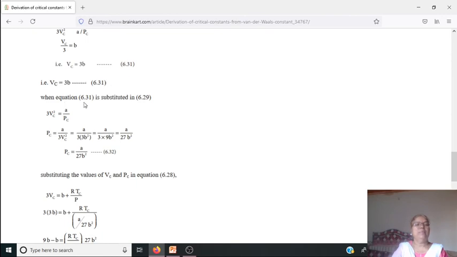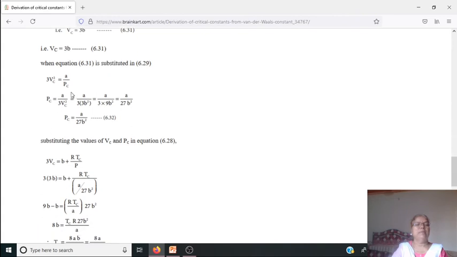When equation number 6.31 is substituted in equation number 6.29, we can write 3 Vc square is equal to A by Pc. Therefore, Pc is equal to A by 3 Vc square.